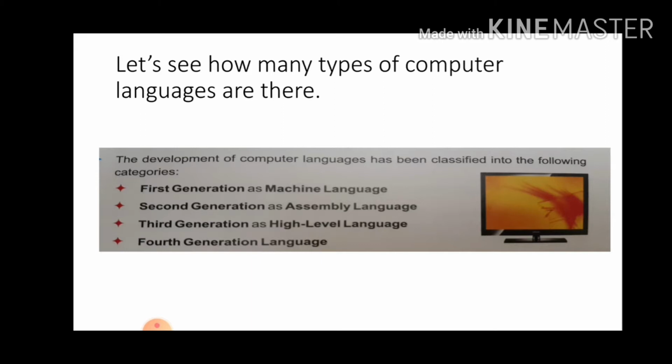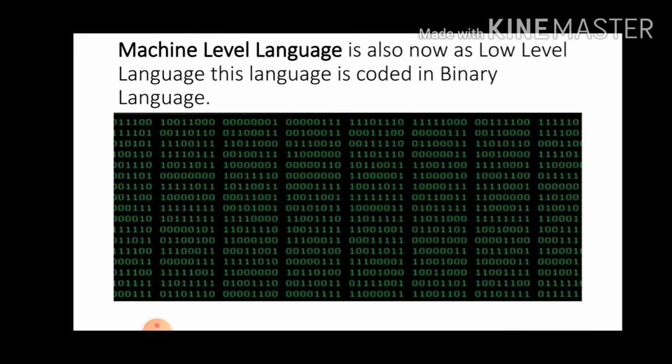First we'll get into the first generation, machine language. So what is a machine language? It is the only language that a computer understands. It is expressed in binary form, that is 0 and 1. 0 means off state and 1 means on state. Machine language has a very high speed and very low memory utilization also.